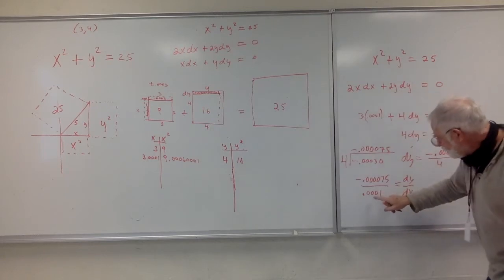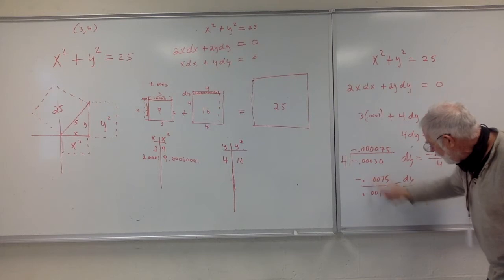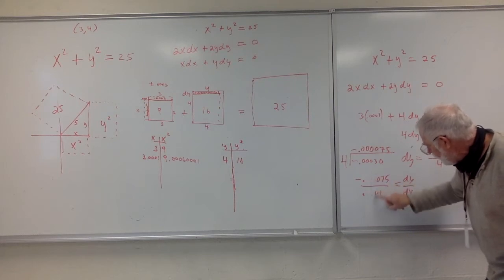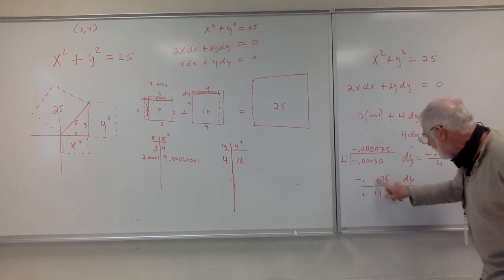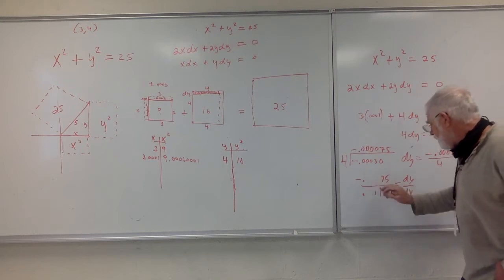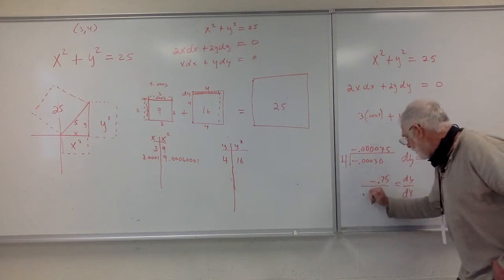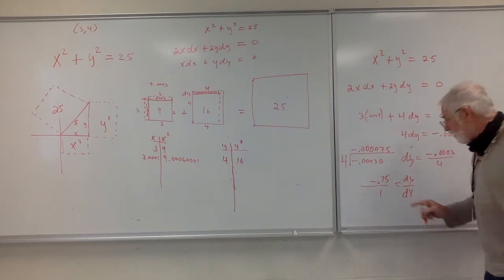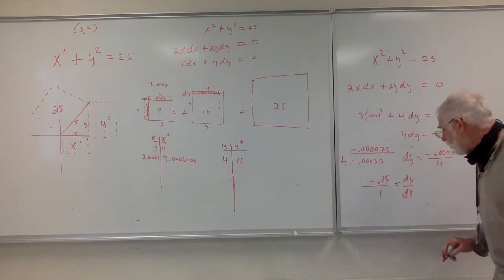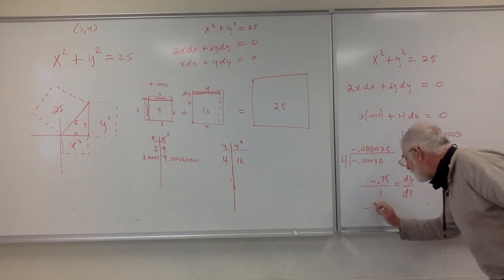Let's cancel that 0, that 0, that 0, that, oh, I lost track of where I was. Okay. Negative 0.75 to 1 is where I should have been. All right. And what's another way of writing negative 0.75 to 1? If I'm not mistaken, that's negative 3/4.